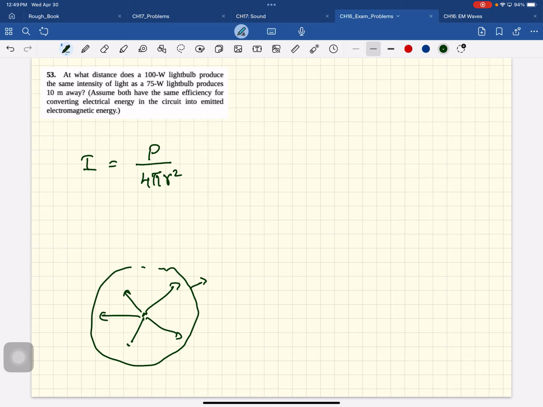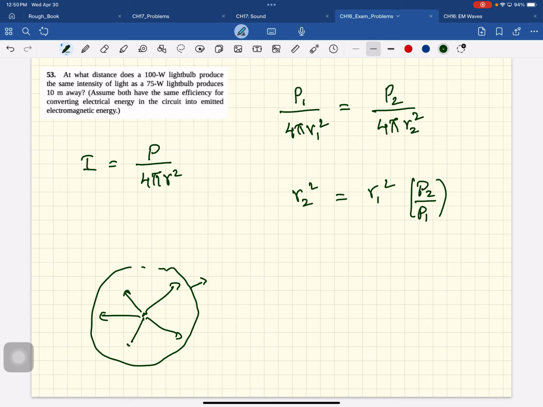So let's say that's power 1 over 4 pi r1 squared. You want that intensity to be the same as that. If the power of your source is higher, then you're further away to get the same intensity. So r2 squared is equal to r1 squared times P2 over P1, and r2 is r1 times the square root of P2 over P1.